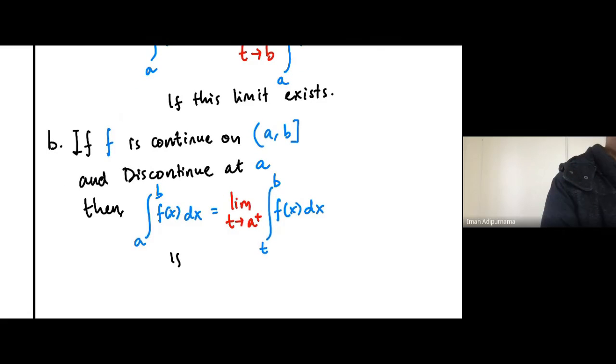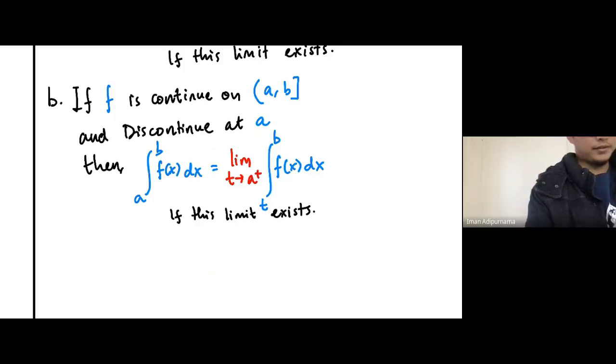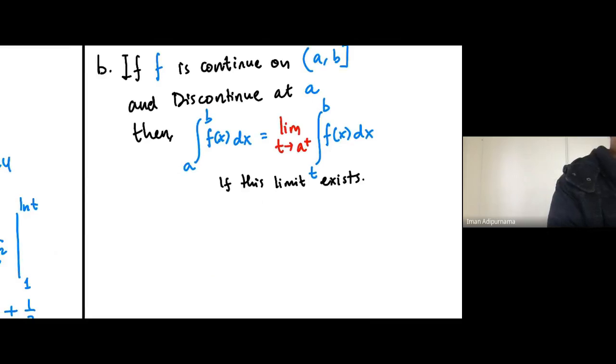And this is true if this limit exists. And we can say the integral from A to B of f(x) dx is convergent or divergent.